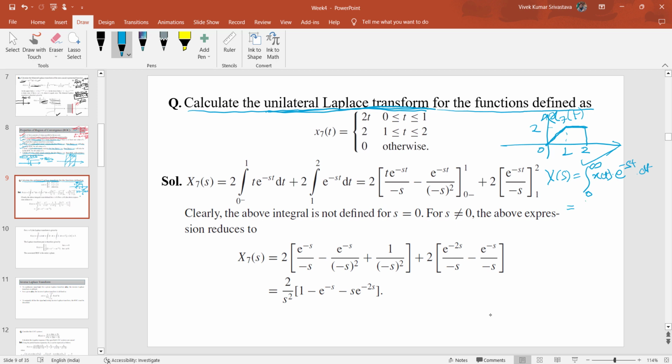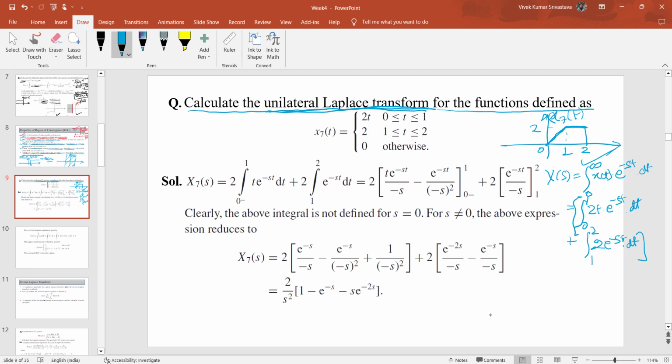So this will be equal to the integral of 2t into e raised to the power minus st dt, with limits from 0 to 1, plus the integral from 1 to 2 of 2 into e raised to the power minus st dt.